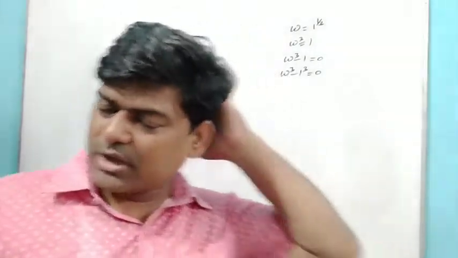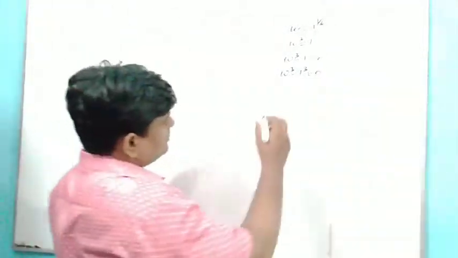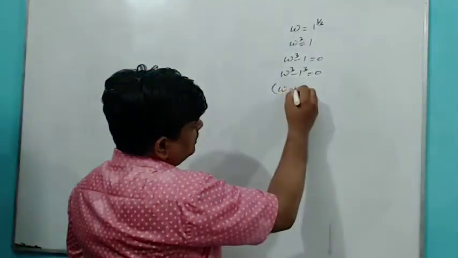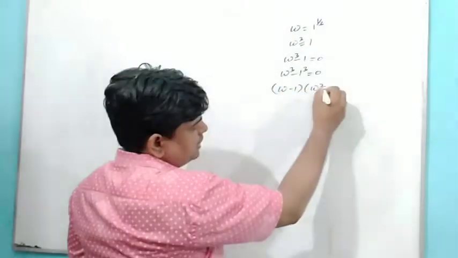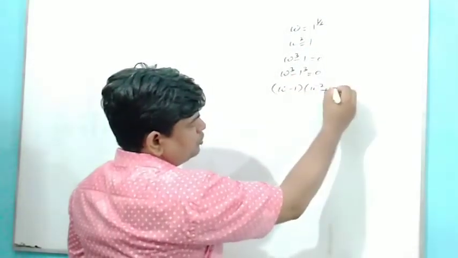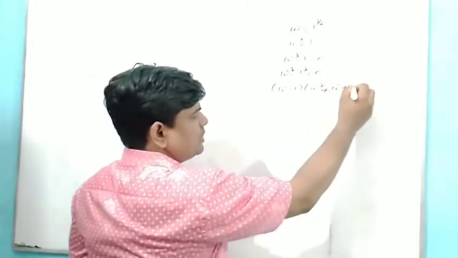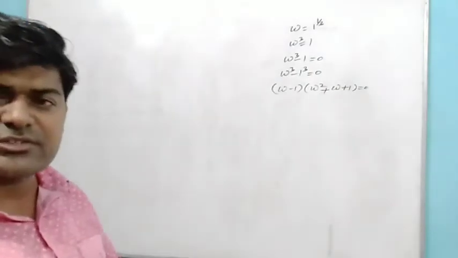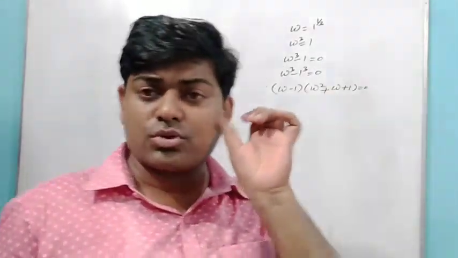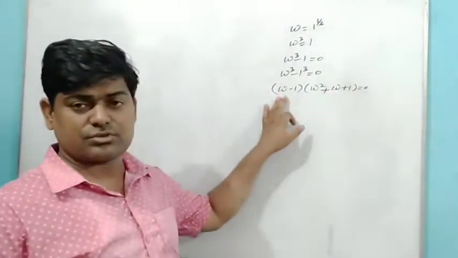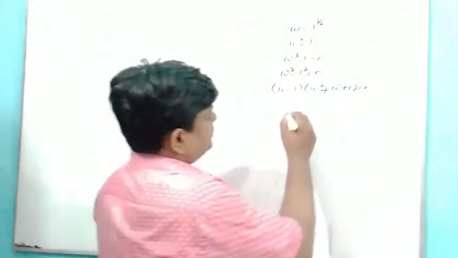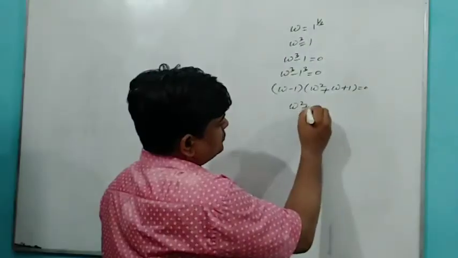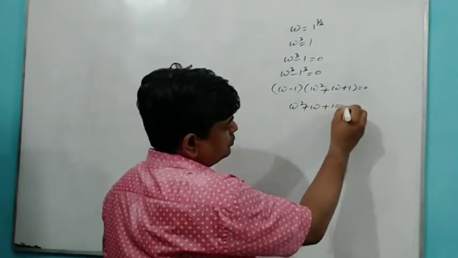So if I use the same thing here, it can be written as omega minus 1, omega square plus omega into 1, which is omega, plus 1 square, which is 1, that is equal to 0. Since omega is not equal to 1, that is the cube root of 1, I can't take this equal to 0. I will take omega square plus omega plus 1 equal to 0.